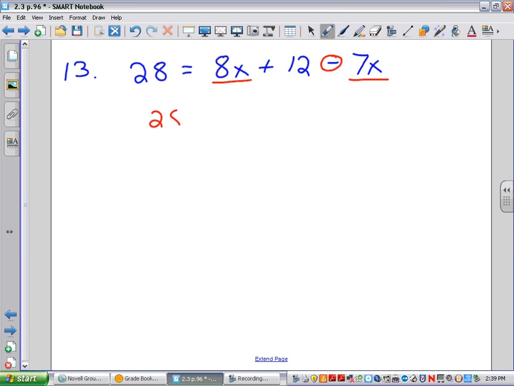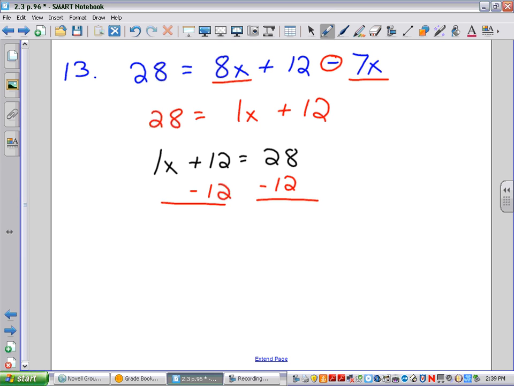So I could write this 28 equals 1x plus 12. Combine like terms. But really, I want to put the 1x over here. Flip it around. Then solve that by just subtracting 12. My 1x could come down, but you don't need the 1. Your answer then would be the 28 minus 12. That is 16. Your answer is 16 there on problem 13.